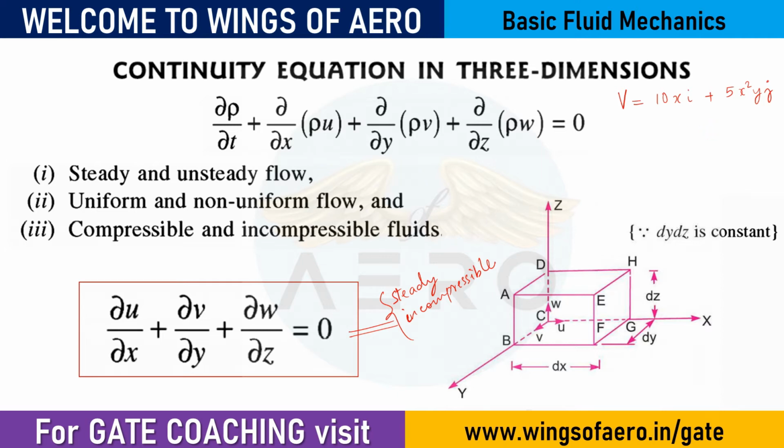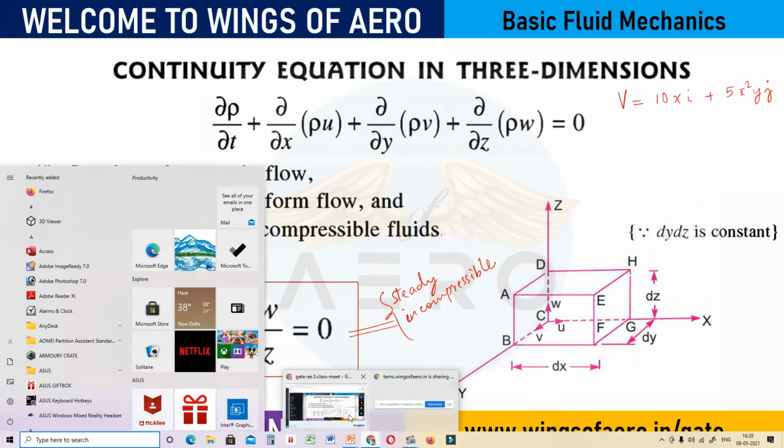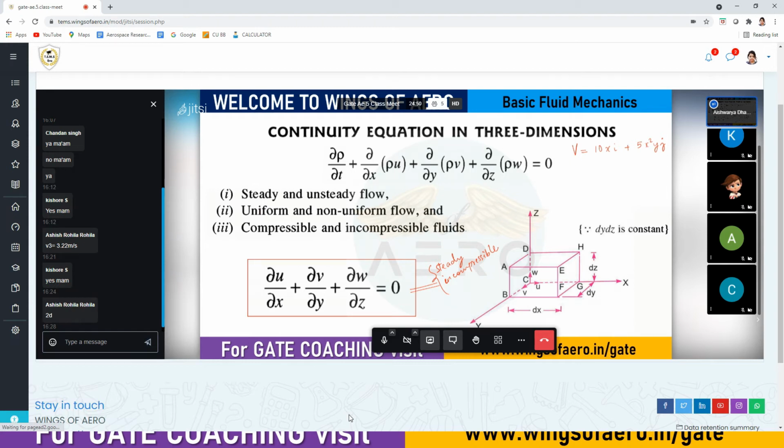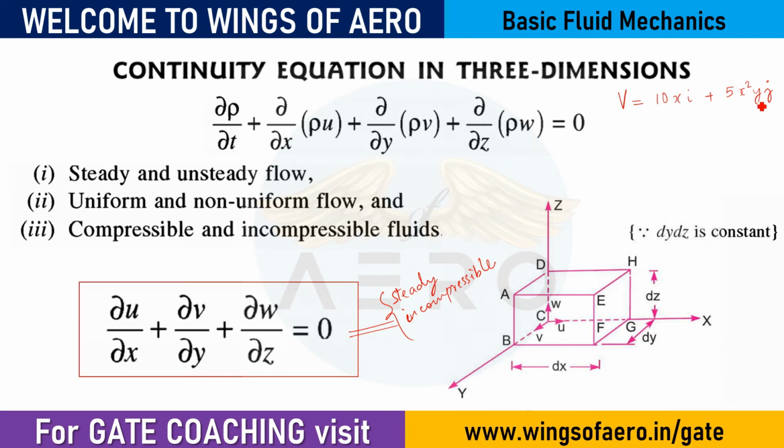First of all, whenever we write an equation like this, you can easily say what will be the dimension of flow. Can anybody tell me what is going to be the dimension of flow? One dimension, two dimension, three dimension. Very good. It's two dimensional because we have only x and y terms.